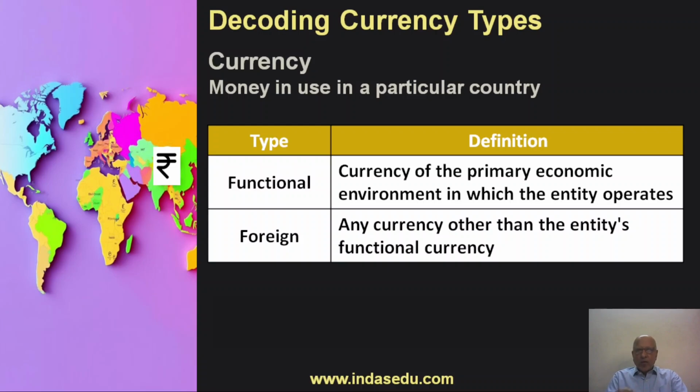So, from the point of view of any business unit, any functional currency of a foreign country is a foreign currency. That means it is the money from a currency other than its own. In India, functional currency is rupee. What are the foreign currencies? It can be dollar, it can be pound, it can be euro.